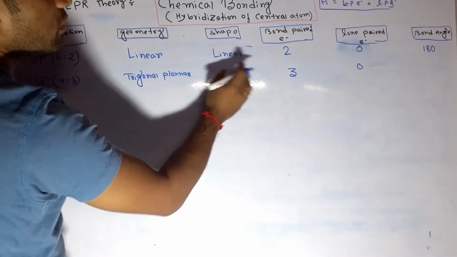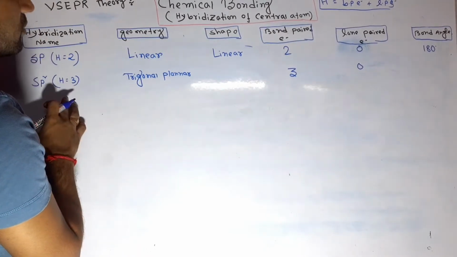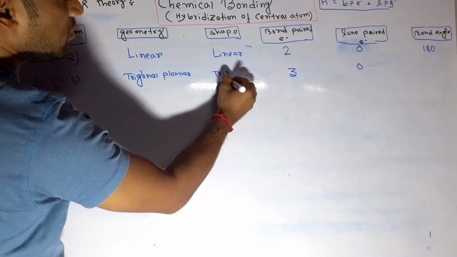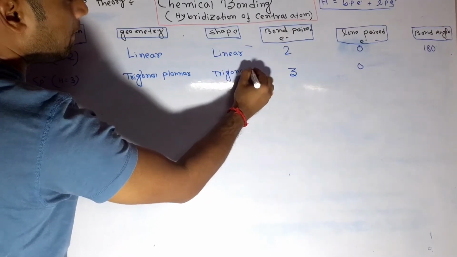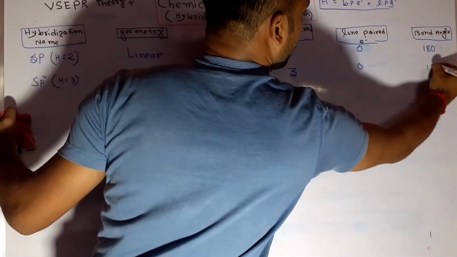The shape is the same as the geometry due to the absence of lone pair electrons. If a compound has no lone pair, the geometry and shape are the same: trigonal planar, with a bond angle of 120 degrees.